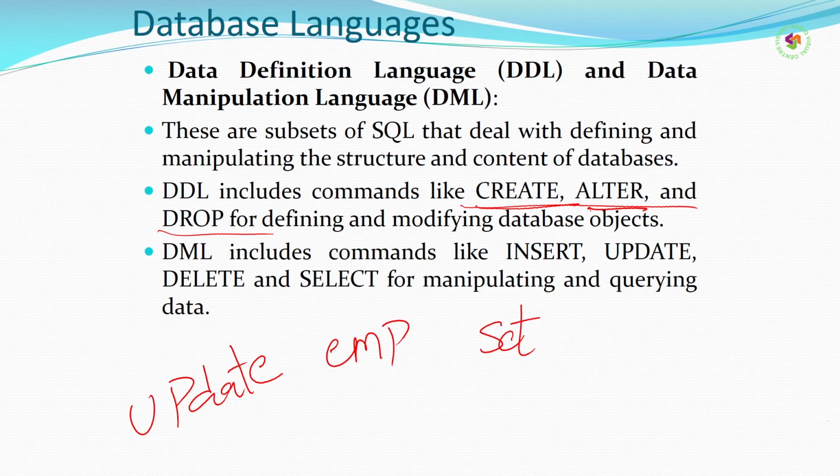Set means which value you would like to give, that you have to give in set. That is update table name set ename equal to, for example, the employee name is Rajesh.